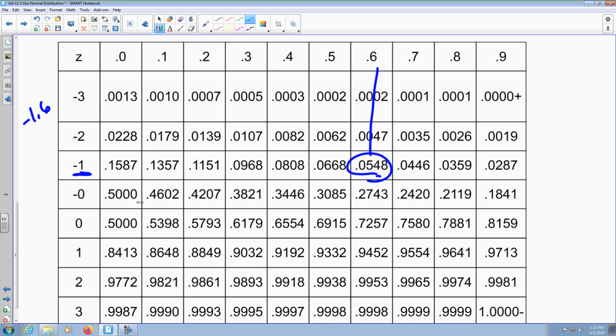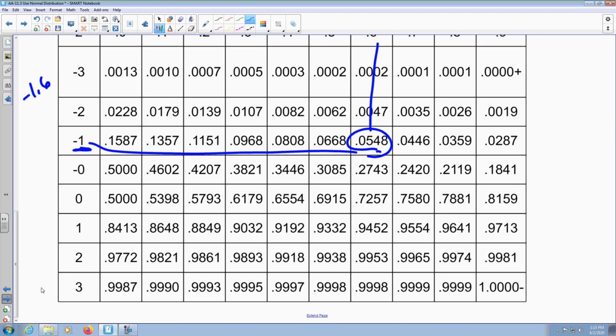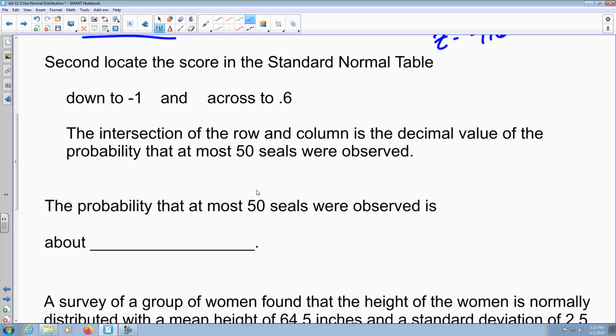This is where it crosses, and it gives you a value of 0.0548, which means that the probability of at most 50 seals being observed would be 0.0548, or as a percentage, about 5.5%. Okay?